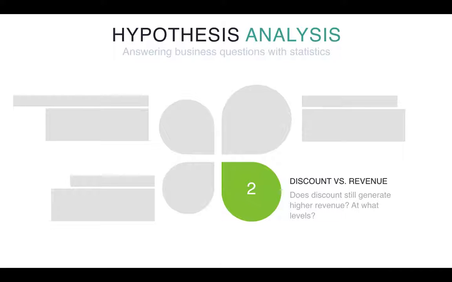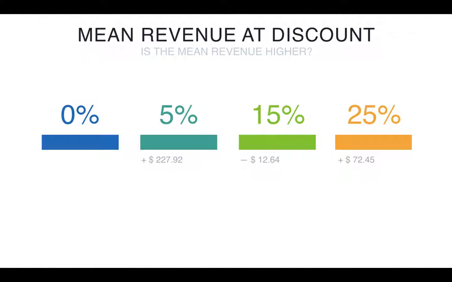But next, I want to look at discount versus revenue, because I want to see if the increase in quantity was actually having a positive effect on revenue generated, and if so, at what levels.